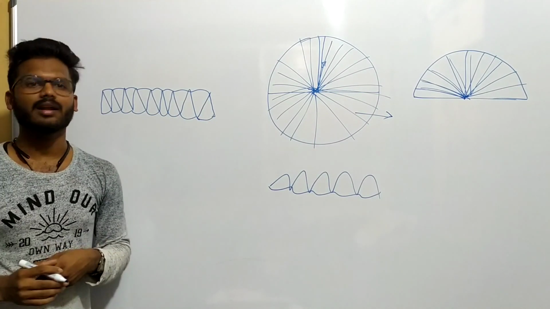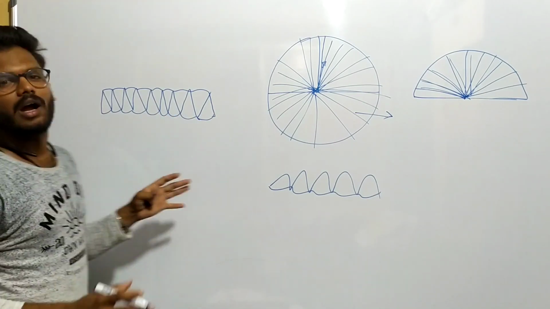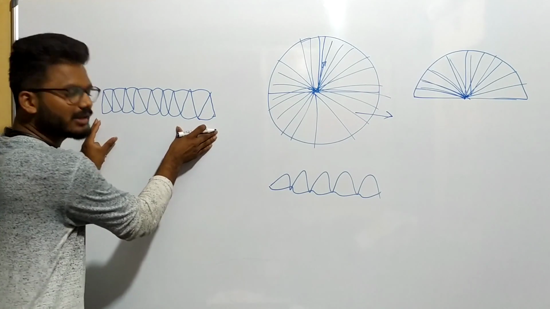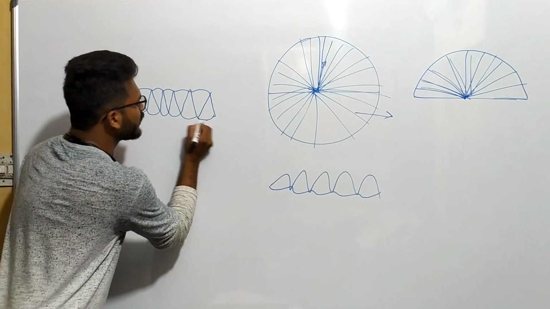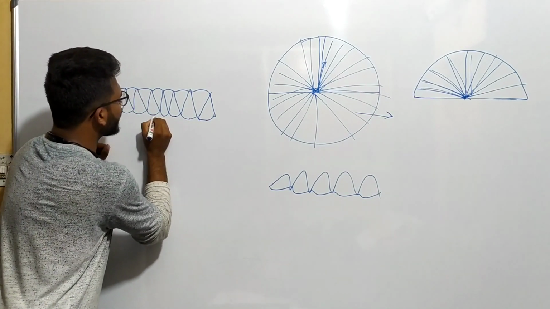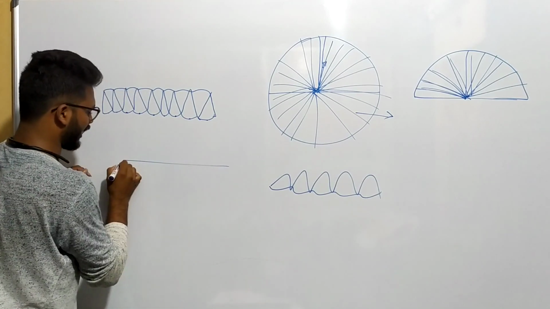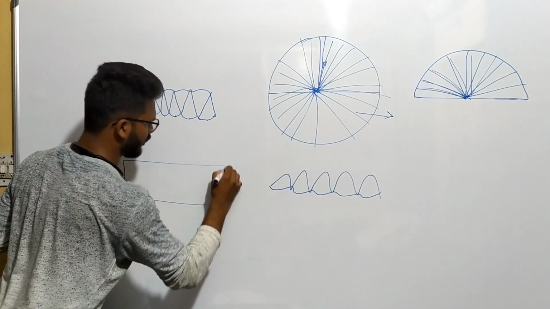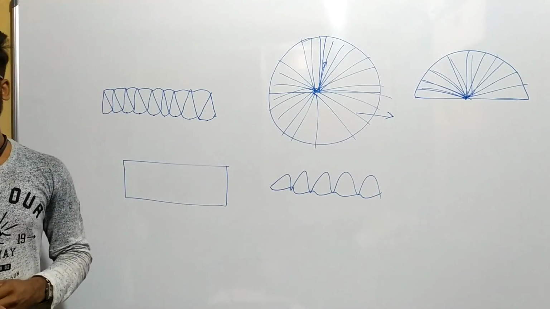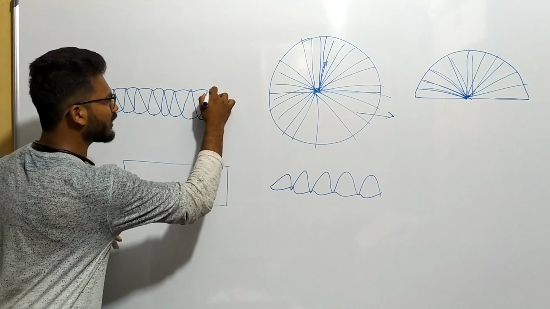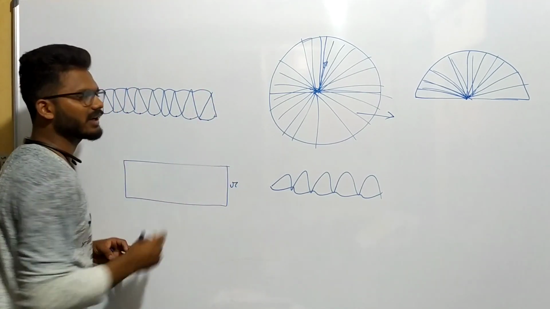And here, if you see, after cutting it into small parts, it will look like this. But when these parts are very minimum in size, then it will look like a straight line. Okay? You will get like a straight line, and for this straight line, here the length of this one is what? This is radius, right?